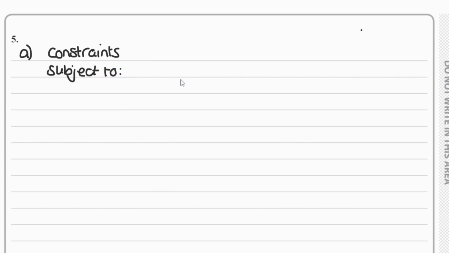Looking at those bullet points in the question, at least 3/5 of all the flowers must be roses. Roses is X, and 3/5 of the total is 3/5 of X plus Y plus Z. So X needs to be greater than that.